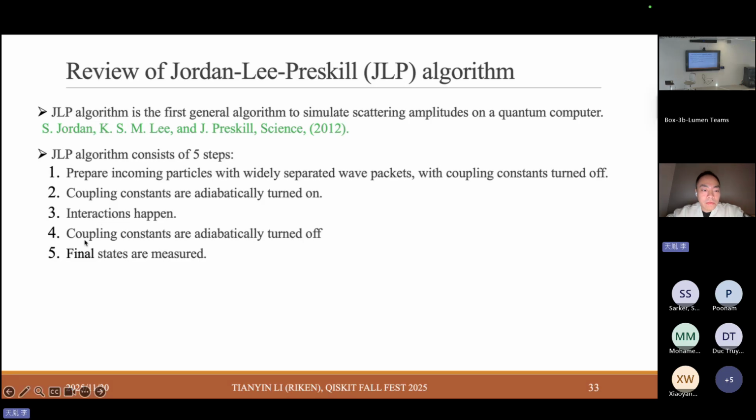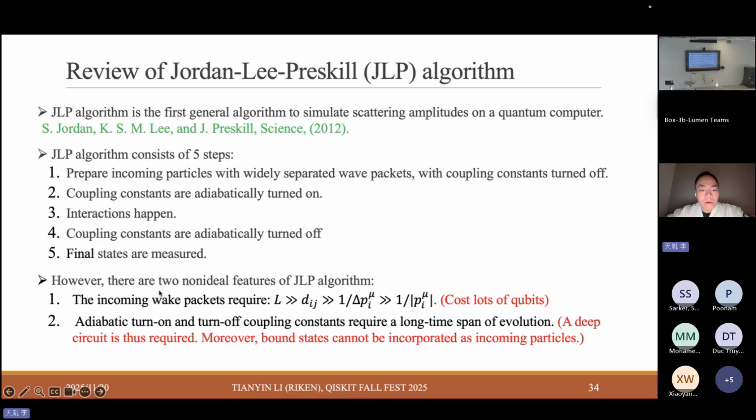Then they adiabatically turn off the coupling constant, and finally they measure the results and obtain the cross section or scattering amplitude of the scattering process.